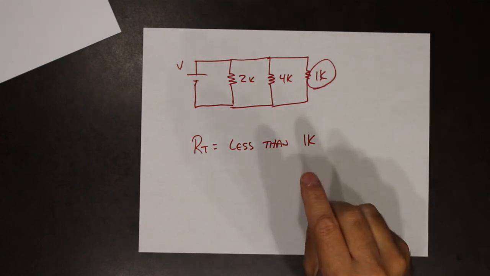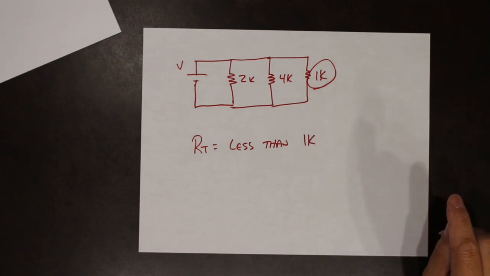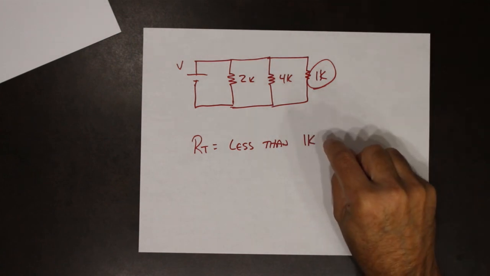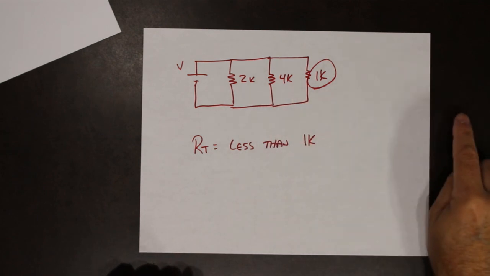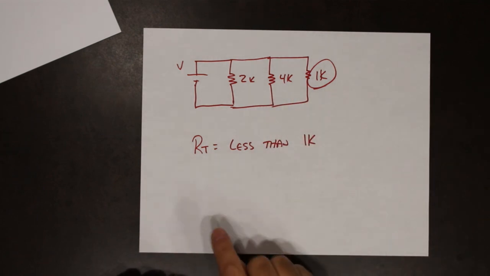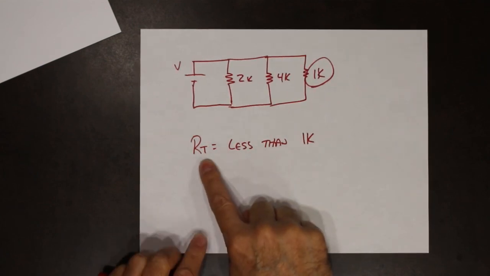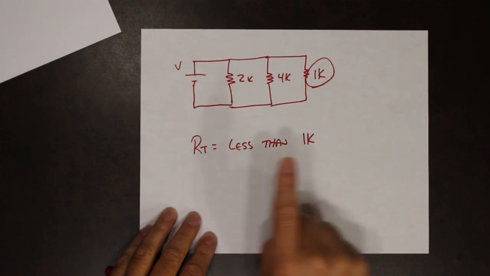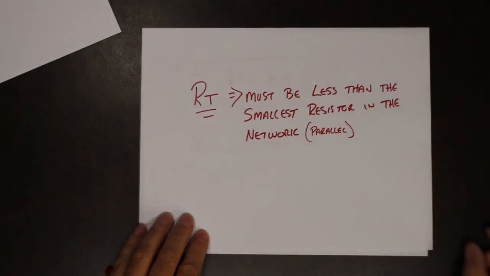So the conductance of that circuit goes up, and when the conductance goes up, the resistance falls. With every resistor you add, the R total goes down. So a rule of thumb is that R total of a parallel circuit must be less than the smallest individual resistor in that network.